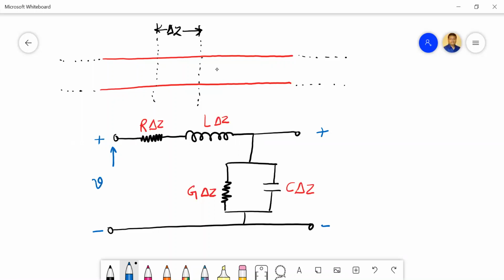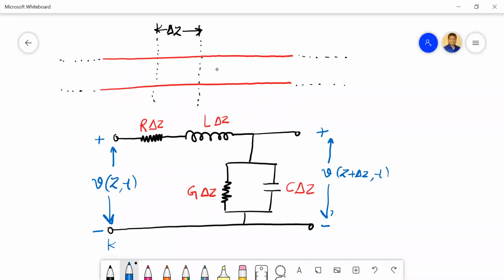This is V, a function of Z, T at this terminal, and at the output side this would be V as a function of Z plus delta Z comma T. Why?